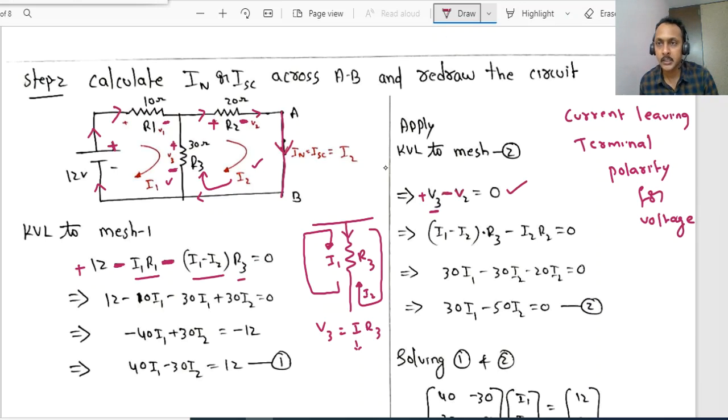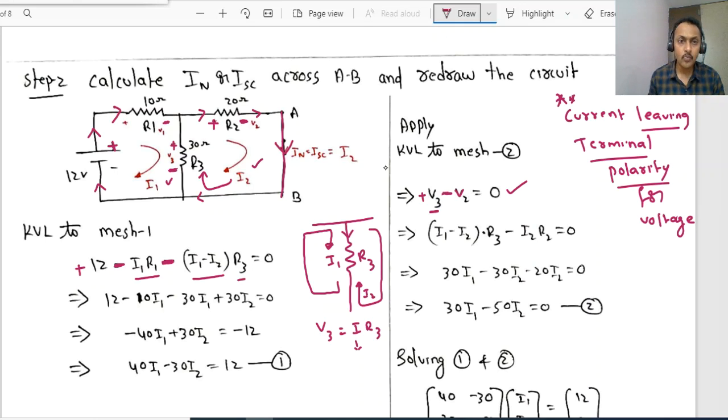Again, dear student, this step also must not go wrong. Very simple, just consider this basic: don't forget the current leaving terminal polarity. Simply check whether the current is leaving that element at the positive terminal or the negative terminal. Clear?